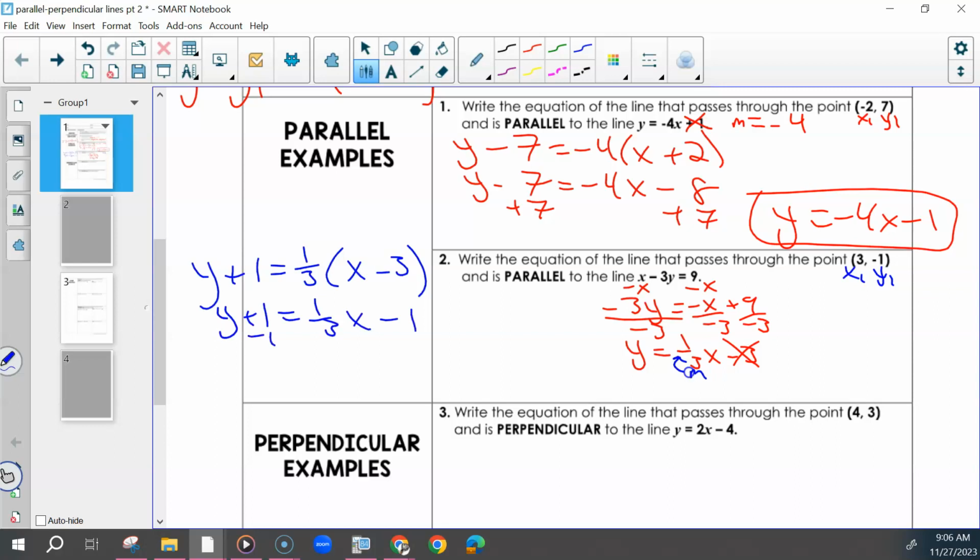And subtract 1 on both sides. So y equals 1/3 x minus 2 is parallel to the original and goes through that point, with the same slope and a different y-intercept. Questions on that one?